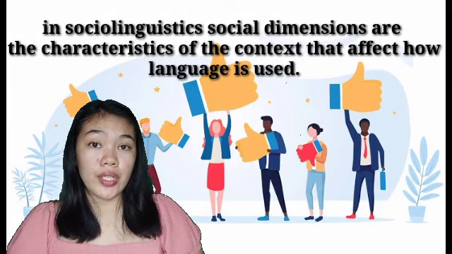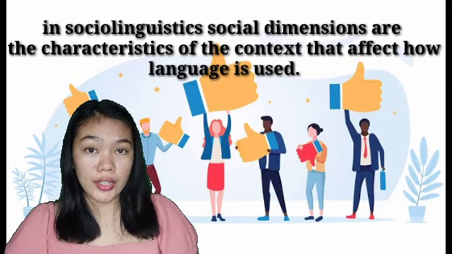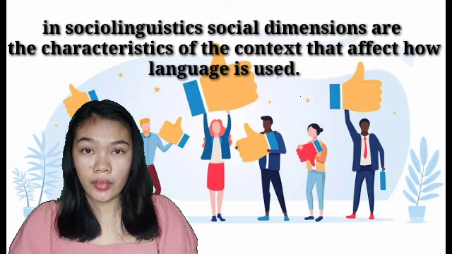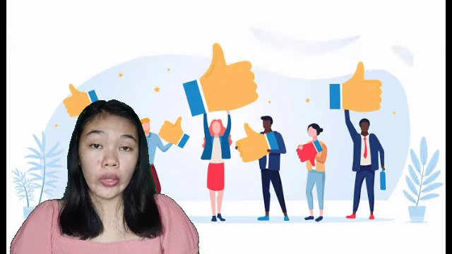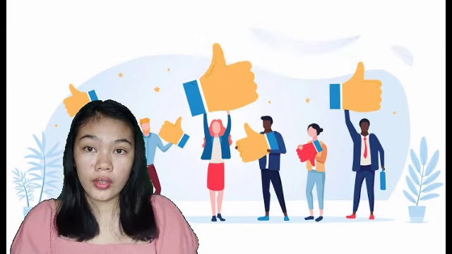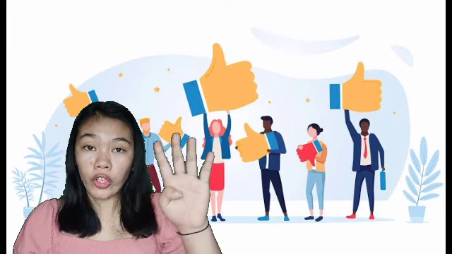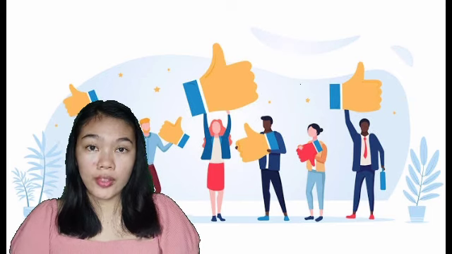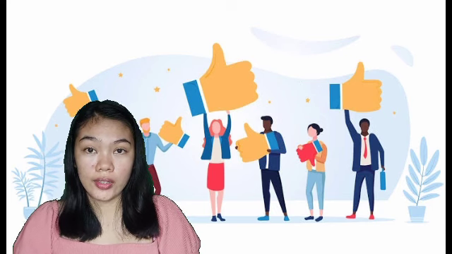In social linguistics, social dimensions are the characteristics of the context that affect how language is used. Generally, there are 4 dimensions to the social context that are measured and analyzed through the use of 5 scales.